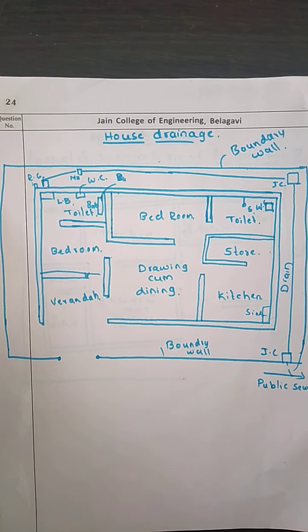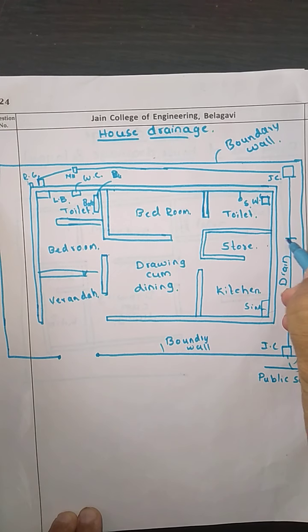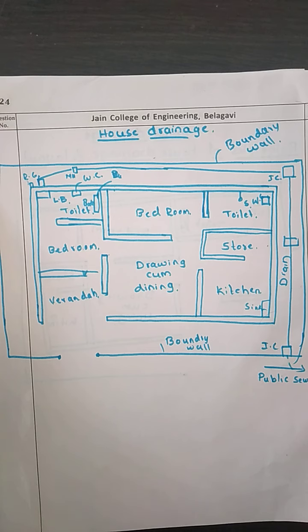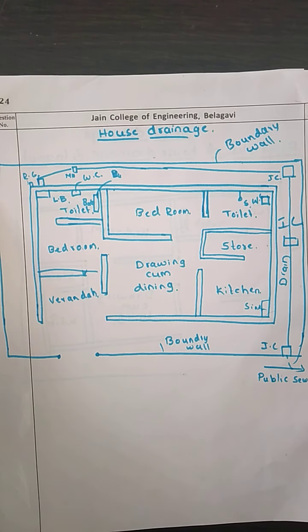So in between you should have inspection chambers, which help during the maintenance of your pipelines. Next is the slope. The slope of the drains should be sufficient so that it has self-cleansing velocity. The wastewater should flow on by its own gravity.